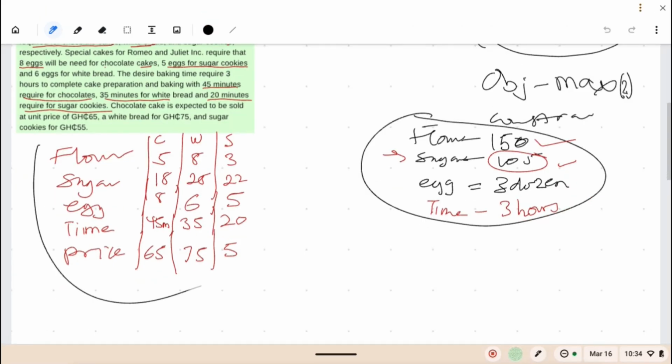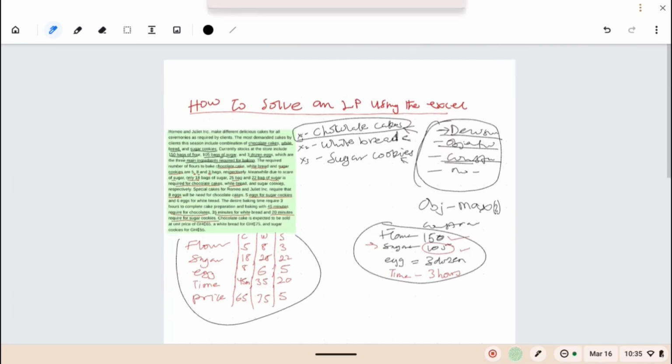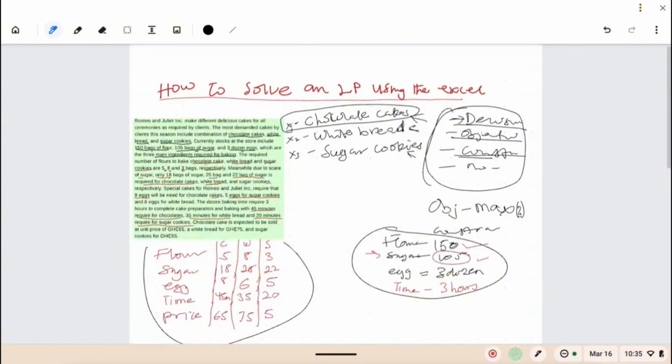So what we are going to do is represent them in a linear programming model form, where we tell them our objective function, our decision variables, and our constraints. So first of all, we talked about our decision variables, and we said we are representing them by x1, x2, and x3.